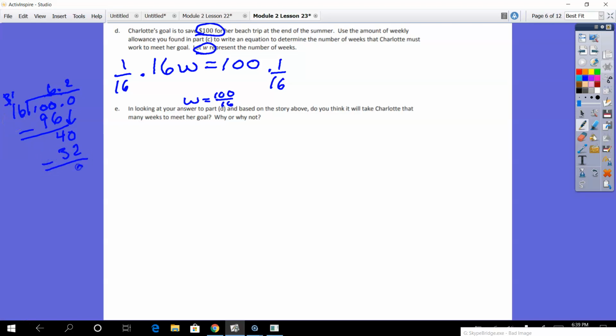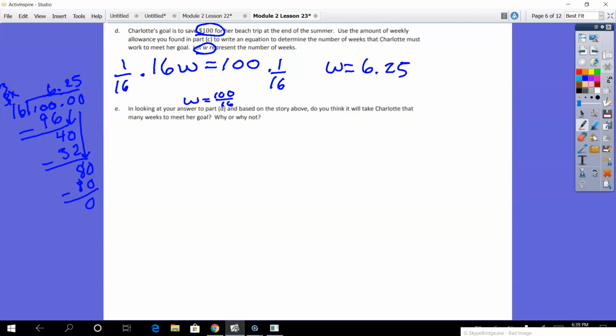Gives me 8. Bring it down. 16 will go into 80. We just did that earlier, 5. So 5 times 6 is 30. 5 times 1 is 5, 6, 7, 8. Okay, so 6.25 weeks.